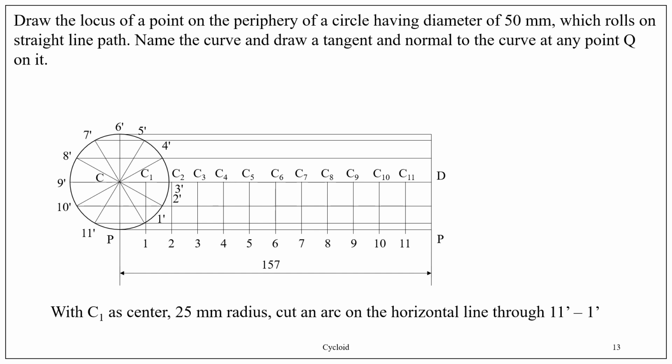So take 25 millimeters in your compass, fix C1 as center, and cut an arc on the horizontal line 11 dash 1 dash and obtain point P1. So the intersection of the arc with the horizontal line 11 dash 1 dash is P1.